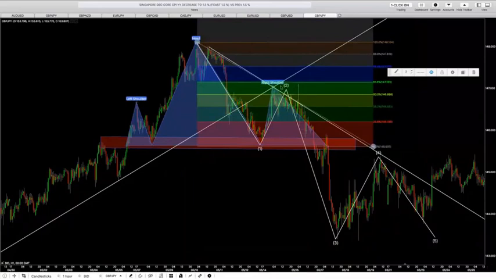What are we looking for? We're looking for rejection at the 38, the 50, or predominantly the 618. There we go. We see some rejection at the 618 perfectly with the break and the retest of the trend and then creating the downtrend. That's already 3 confluence points.